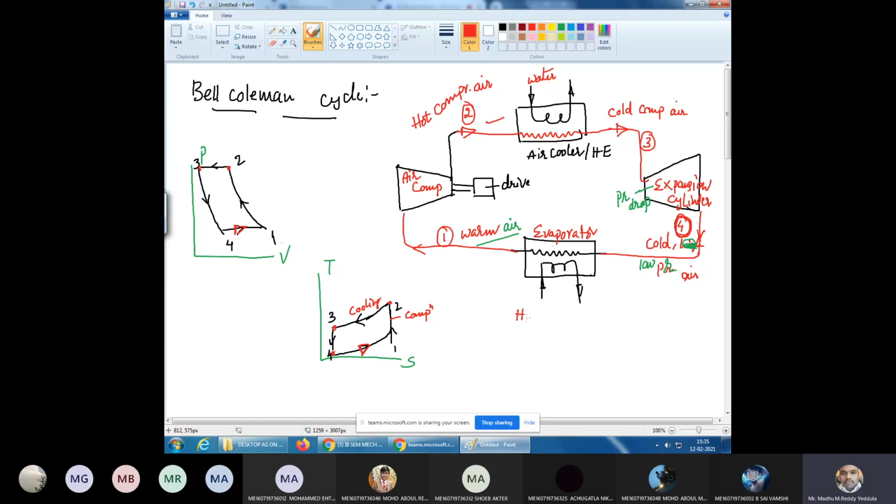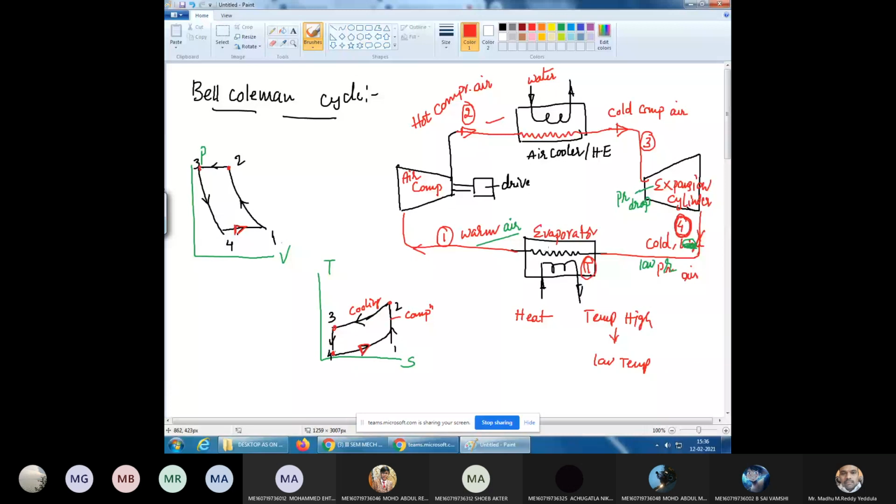Because as we know, heat always flows from a body at high temperature to a body at low temperature. This is the natural phenomenon. So for this to occur, the temperature of the evaporator should be greater than the temperature of the air, or I can say the temperature of air leaving the expansion cylinder should be less than the temperature of the evaporator. Agree?